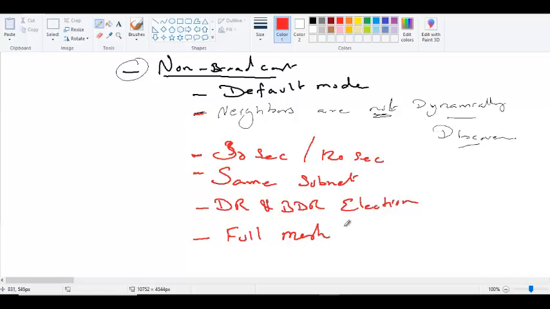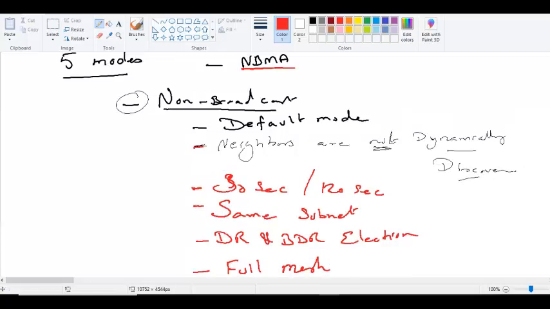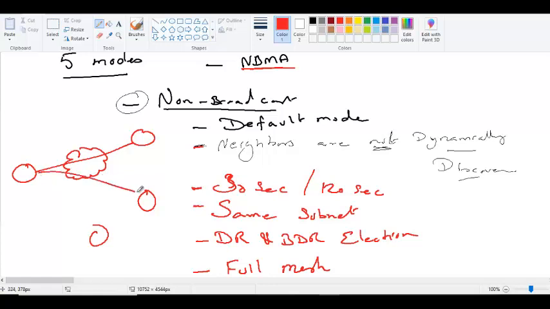Why? What is the problem? Let's say this is a DR and this is a BDR, because I told there will be a DR BDR election, and this all will be other, isn't it? Now if the hub goes down, all the connection will go down. What will happen now? This also will become DR, this also will become DR, this also will become DR. What is the use of the DR BDR election?